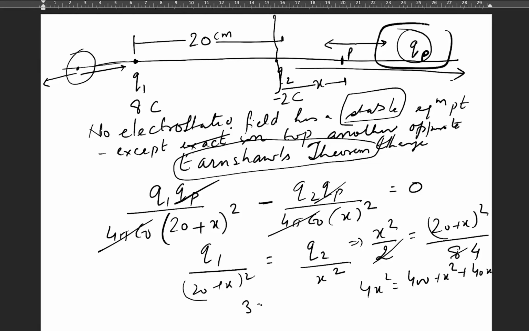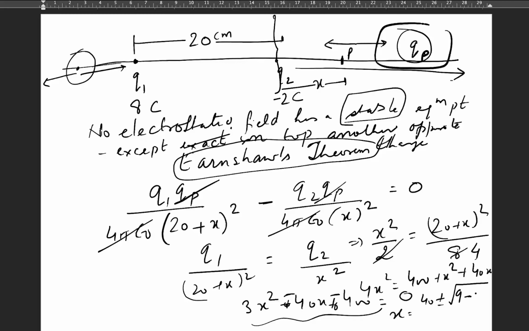So it will give 3x squared minus 40x minus 400 equal to 0. So on solving, we can find x to be minus b plus minus square root of b squared minus 4ac, upon 2a.